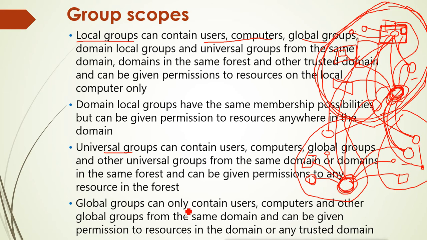Then a global group can only contain users, computers, and other global groups. So if we have a global group here, it can only have users, computers, and other global groups as members, but only from the same domain, and it can be given permission to resources in the domain or any trusted domain. That means it can be given permissions for the domain and any other trusted domain.